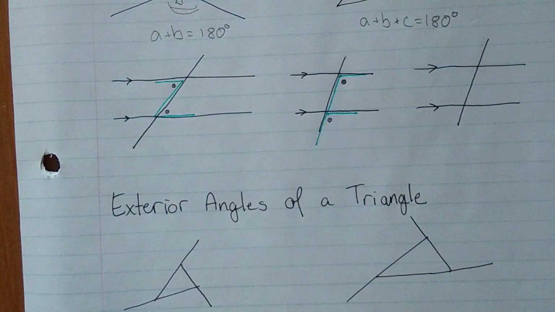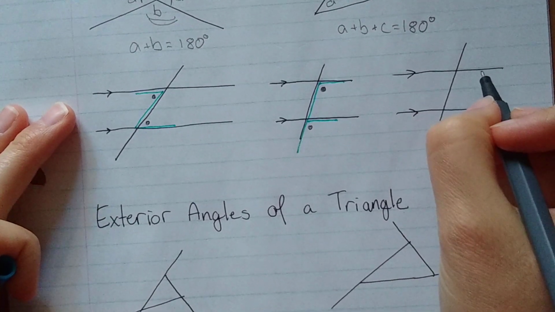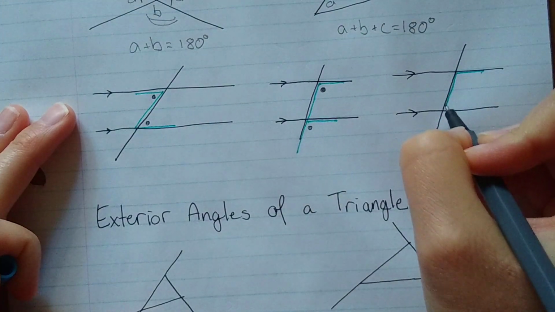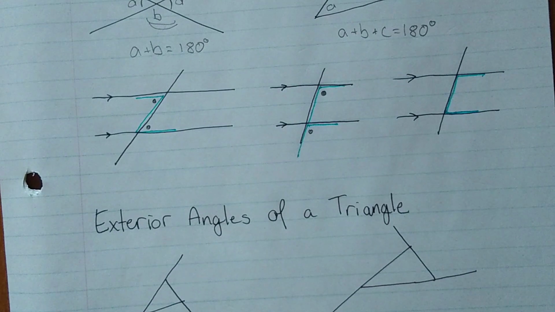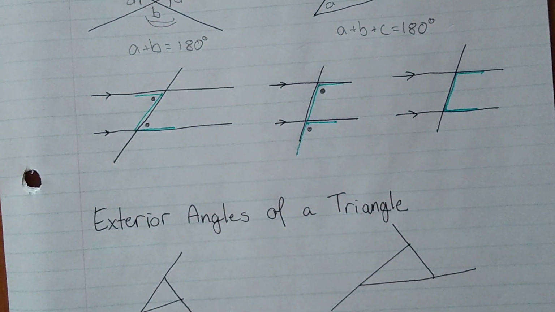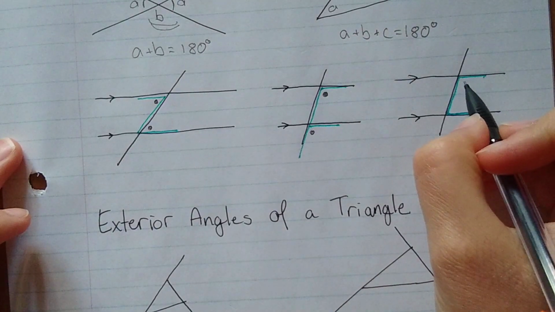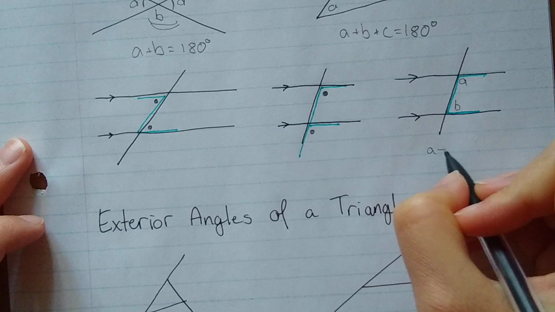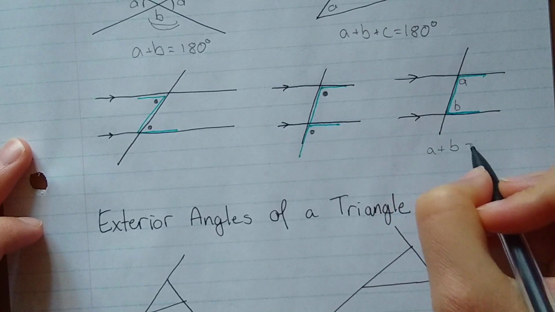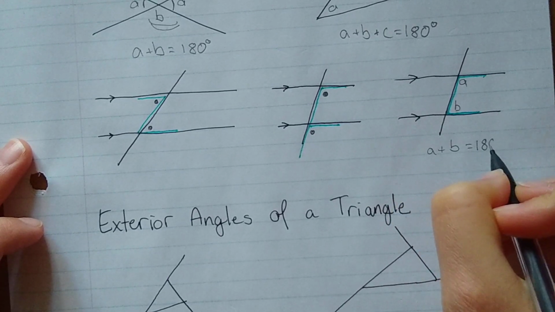And then if you draw like a C sort of, like this, then this one and this one have to add up to 180.